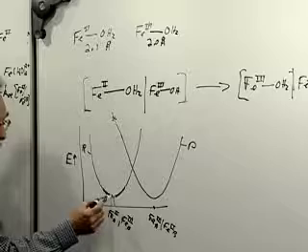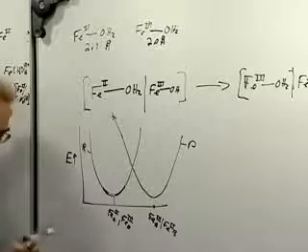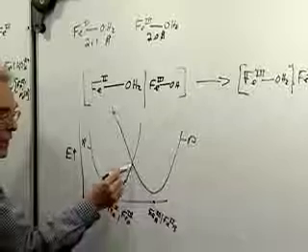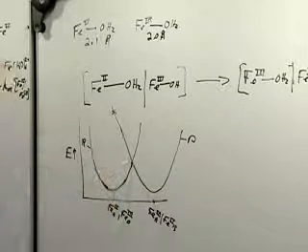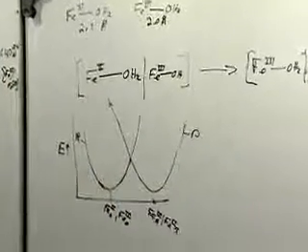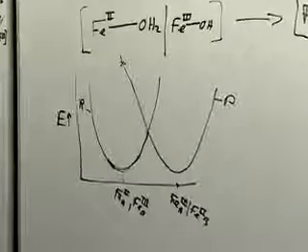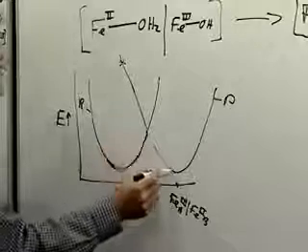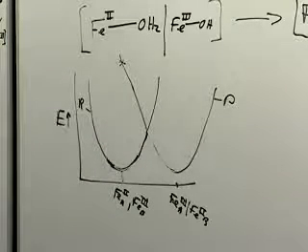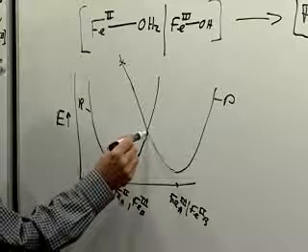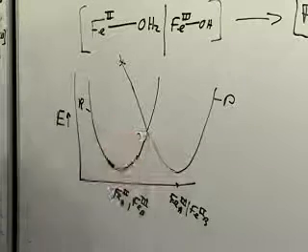So the way you have to do it is you have to move along the ground state surface with collisions, and you get here where it's degenerate for the electron to be on the reactants or the products. Then the electron can jump, and then it can relax down to products. Okay? So if we are doing a thermal reaction, we have to go over this barrier. This is the barrier to the thermal reaction.